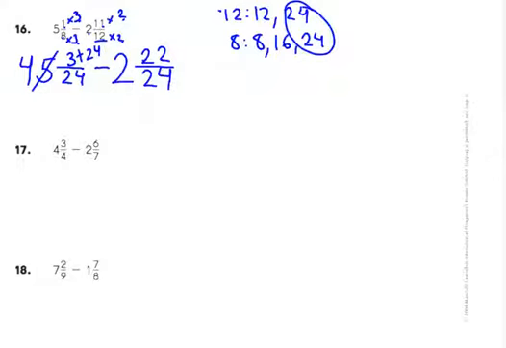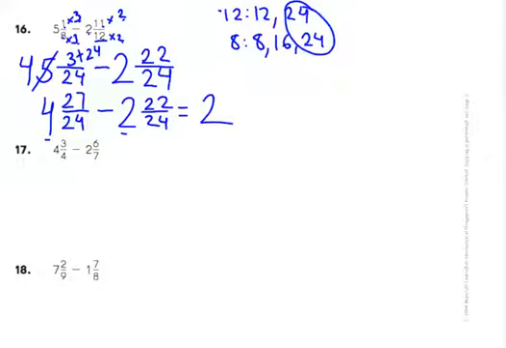The number I come up with is 4 and let's do 24, 25, 26, 27. 27/24 minus 2 and 22/24 equals, subtract 4 minus 2 is 2. 27 minus 22, again, if you need to do it over here, you can.